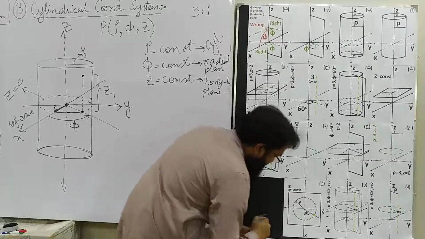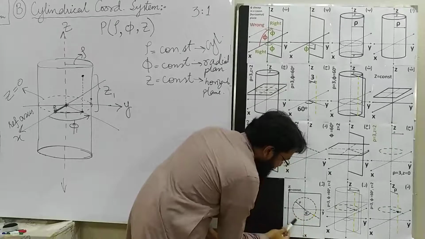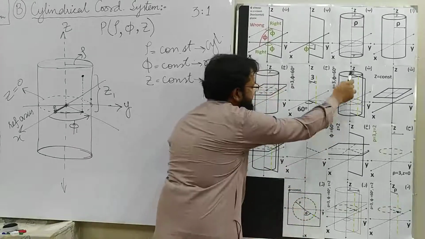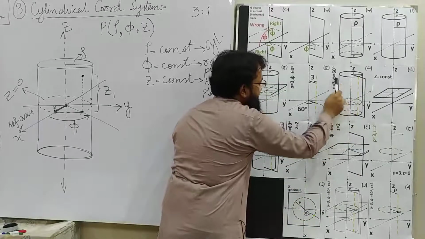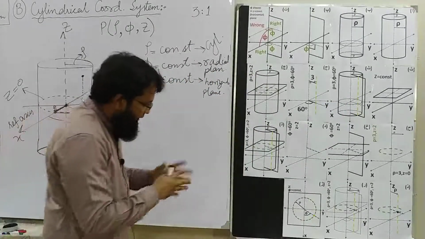It means that this line is also perpendicular to the circle. This is a property of the radial line. So this plane is also perpendicular to the cylinder. That's why it is called a radial plane.